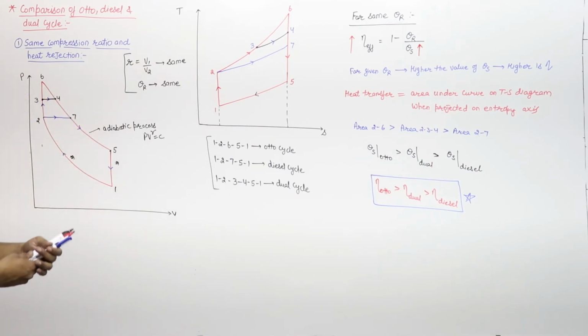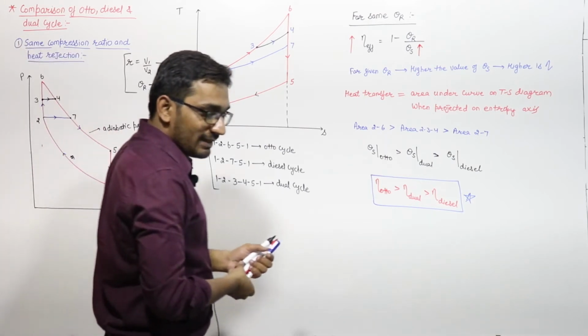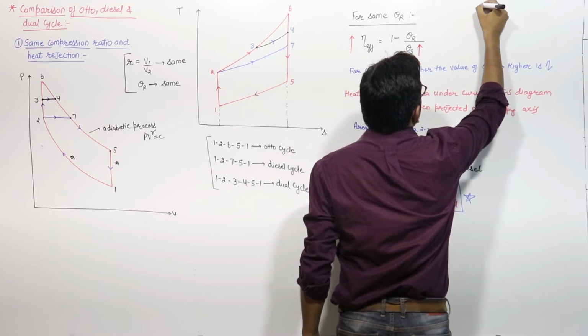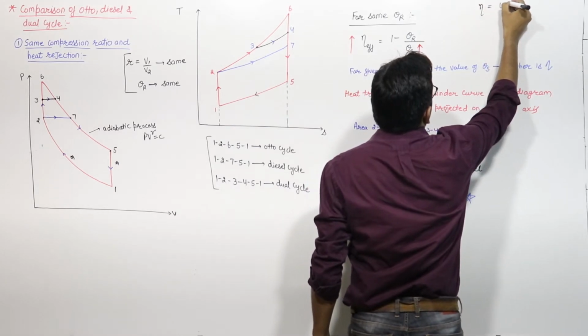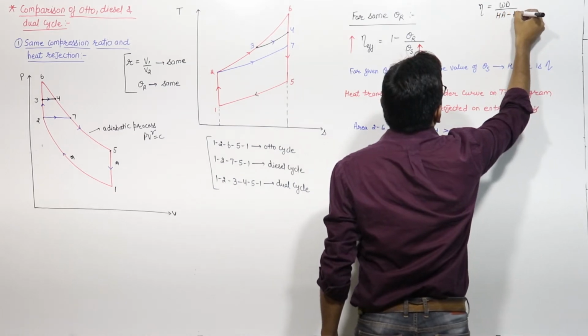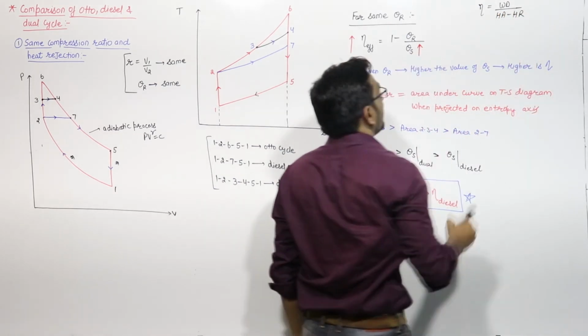Also, you can find these relations with the help of one formula. You know that the efficiency of a cycle will be equal to work done upon heat addition, which is heat addition minus heat rejection.